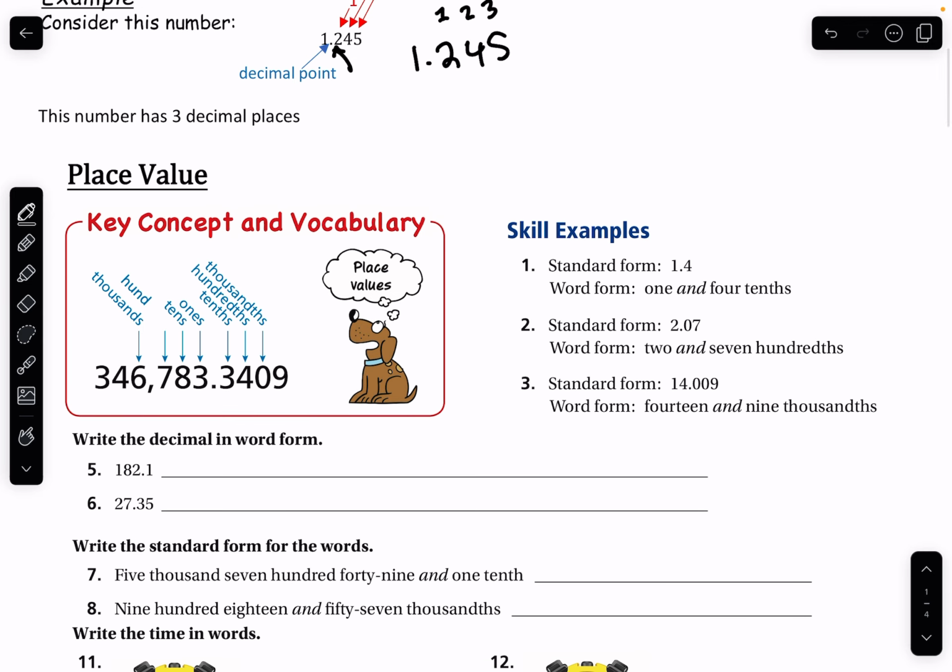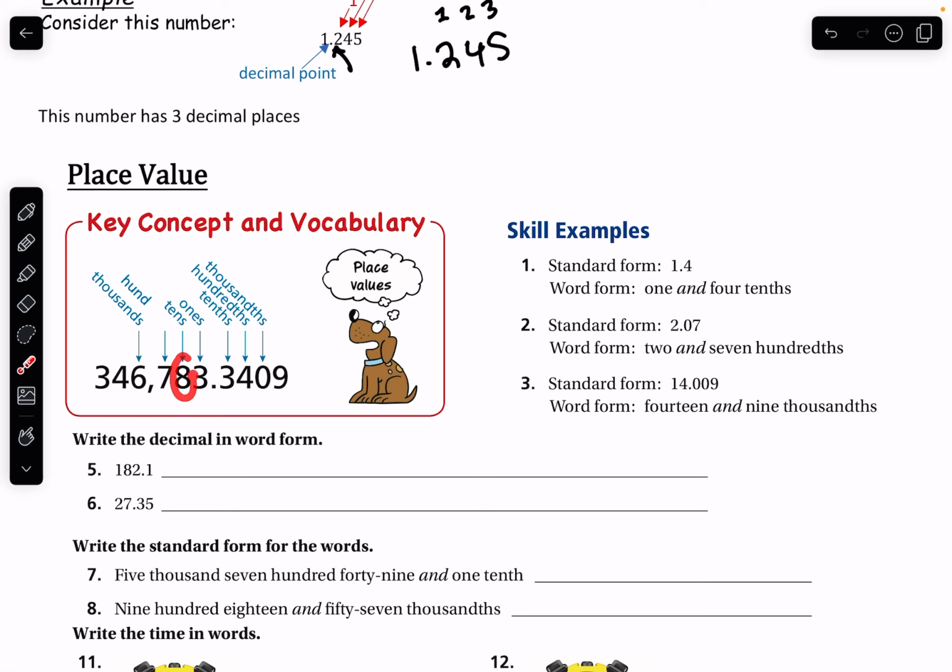Place value. Again, one of those I know you've covered a lot, but it's one that we mix up quite a bit. So the place values to the left of the decimal. These are the ones that you're pretty good at, right? The first number to the left of the decimal, those are how many ones you have.